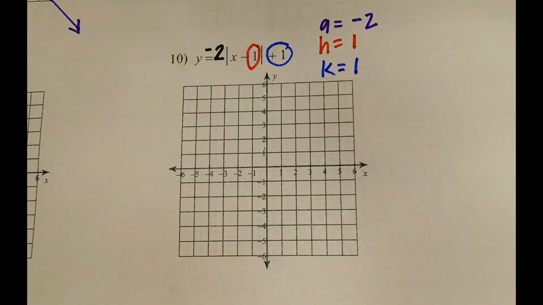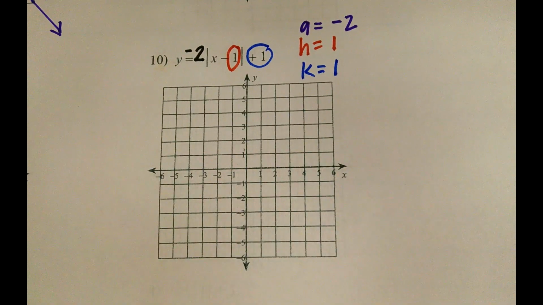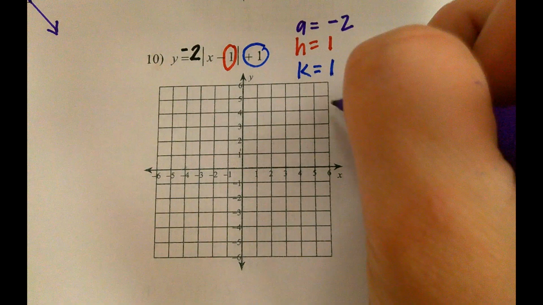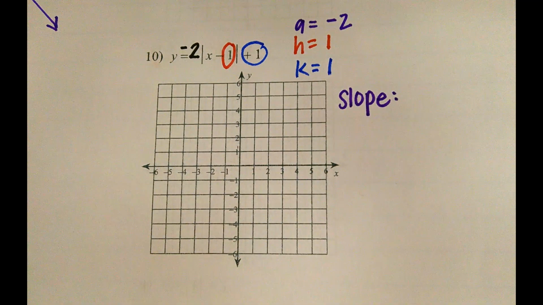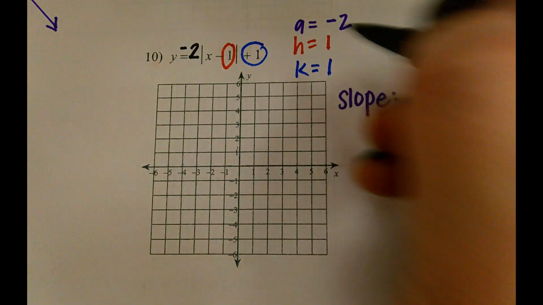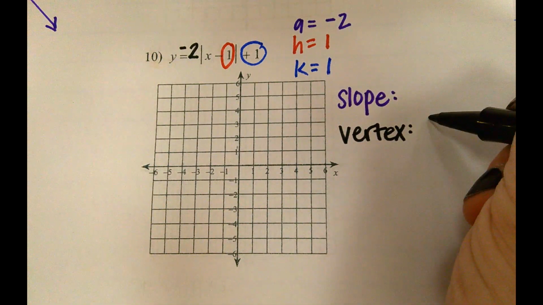So, with these values, I need to know my slope and my vertex. Vertex is 1, 1. Perfect. Your slope is -2 over 1.